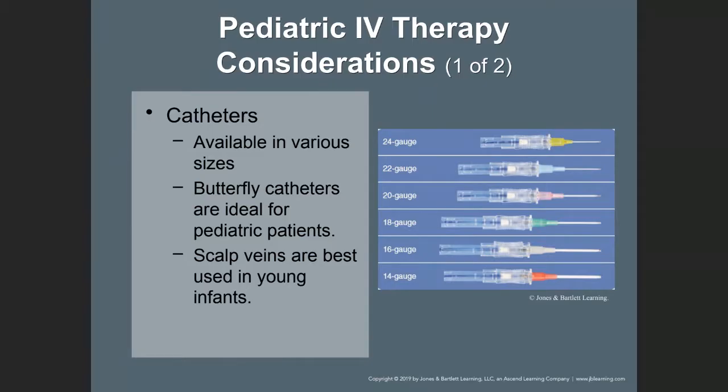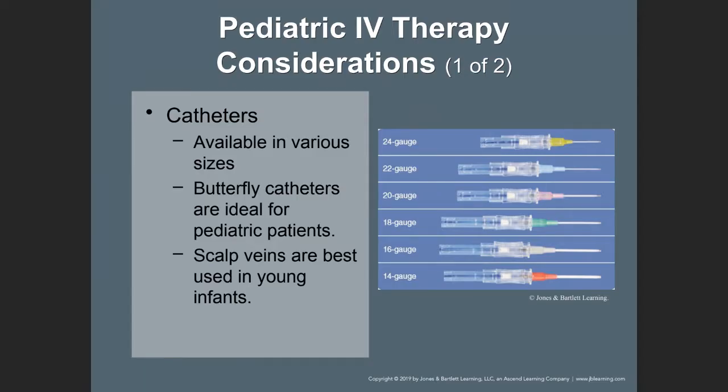Rarely will you see a 14 gauge used as IV access in the field. From 20 to 14, you'll see used mostly for adults. 14 is the size that would be used for needle decompression.